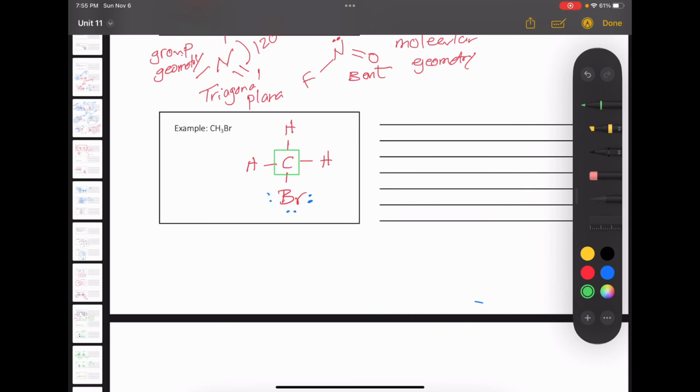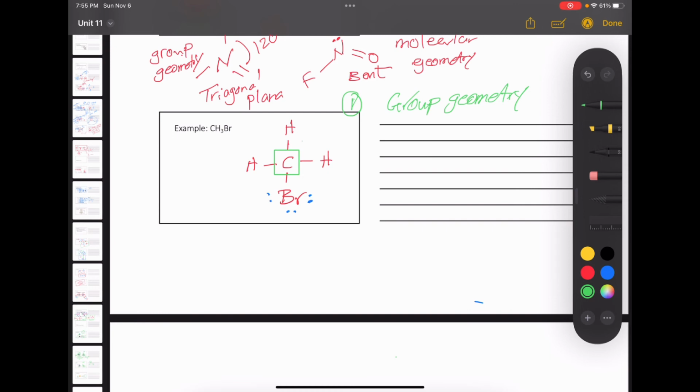So first, what we need to do is figure out the group geometry. So that's our first task here. The group geometry is basically determined based on the count of electrons or the pairs of electrons, regardless of whether it is bonding or non-bonding. So we are focused on the central atom, and we would like to count the pairs of electrons that surround the central atom, and based on that, we will determine the group geometry.